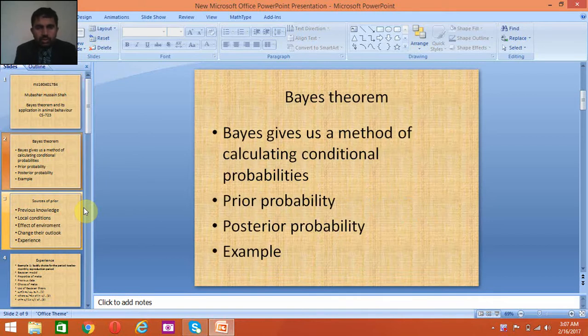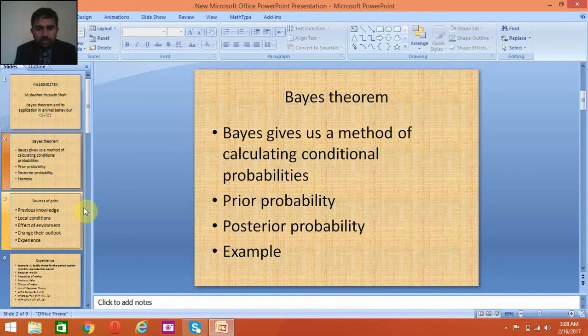Bayes theorem. Thomas Bayes was a mathematician and Presbyterian preacher. He gives us a method of calculating such problems based upon conditional probabilities. Here we are interested in calculating problems that depend upon conditional probabilities.